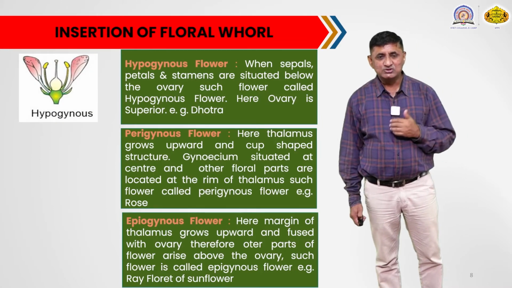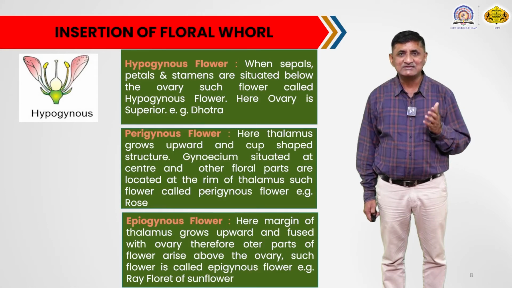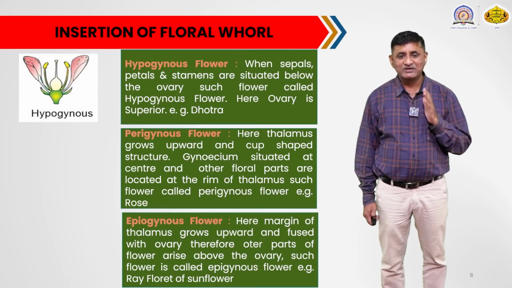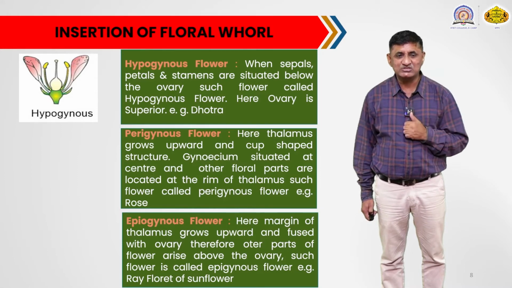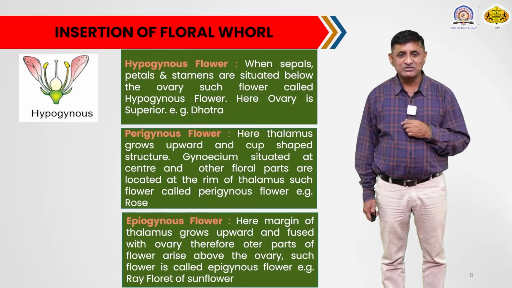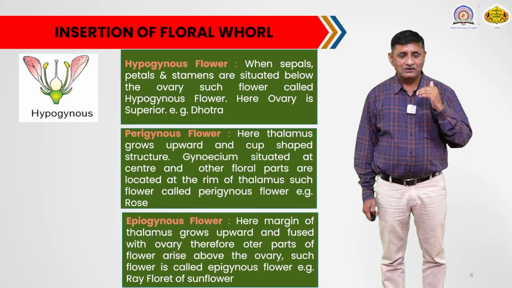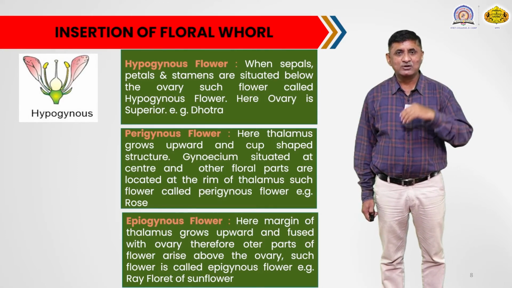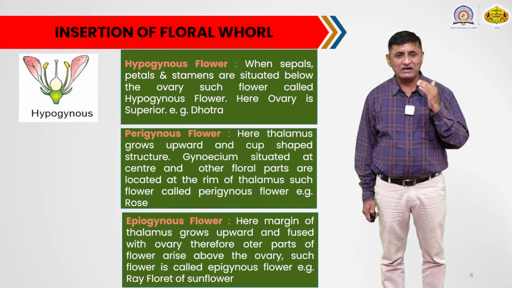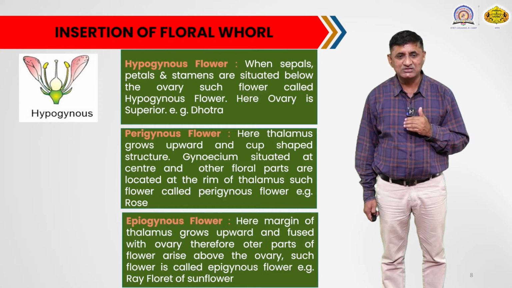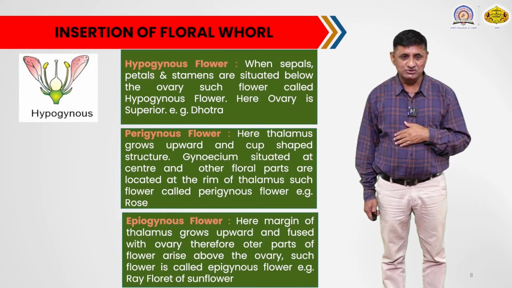Now, on the basis of insertion of the floral parts, a flower may be categorized as a hypogynous flower, perigynous flower or epigynous flower. You can see the first image. In the first image you can see the thalamus, and on the thalamus there is the presence of calyx, corolla, androecium, and lastly gynoecium.